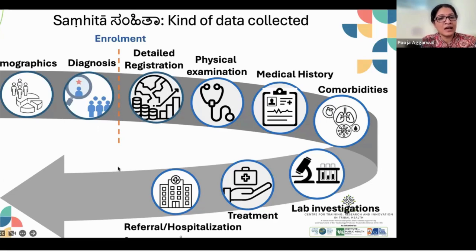All these data are collected in various forms using Avni, and they are interlinked. They are sometimes dependent on each other, sometimes independent. All this flexibility is possible because of the Avni platform.